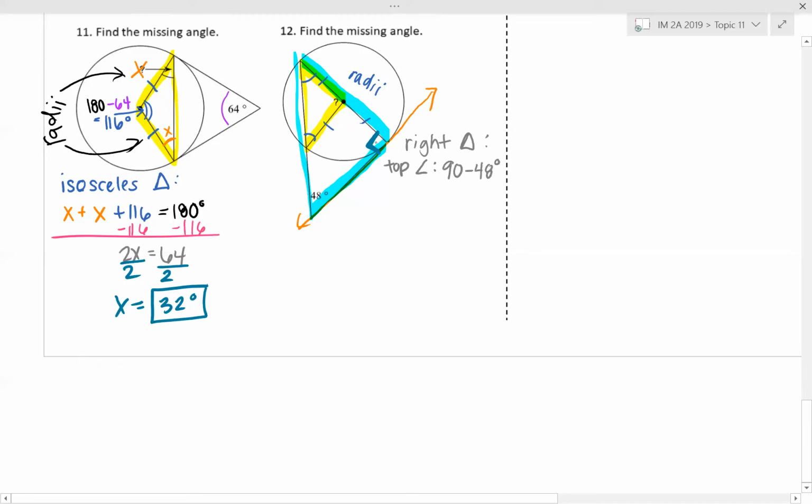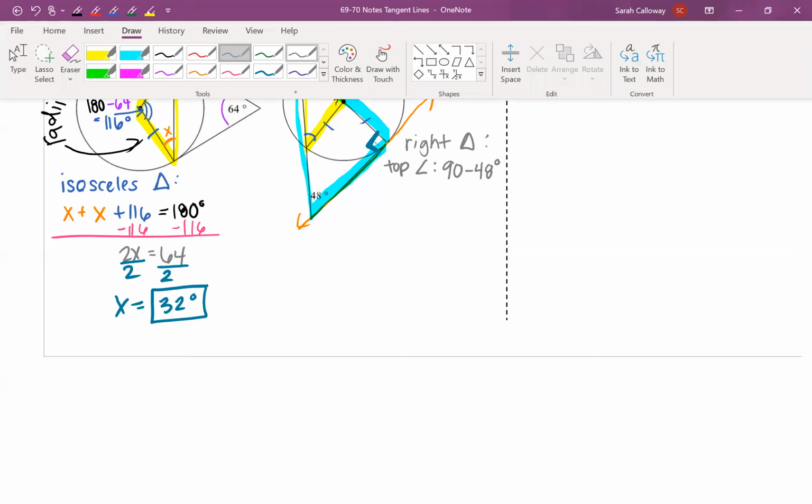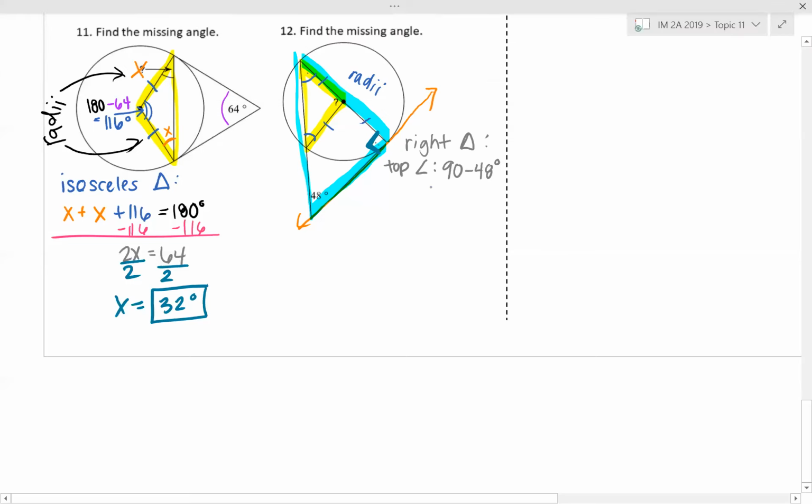Again, because that's a right angle, right? So I know that the two other angles must also add to 90, because 90 plus 90 makes 180. And so that tells us that this top angle that we know is the same as this other angle must be 42. So if this angle here is 42 degrees, that means that this angle is also 42 degrees.